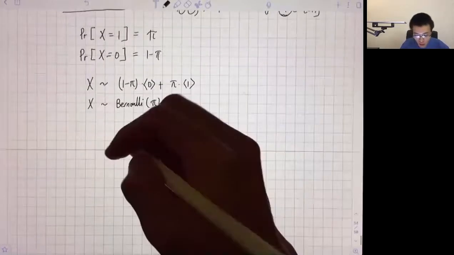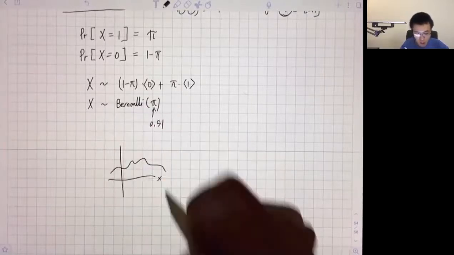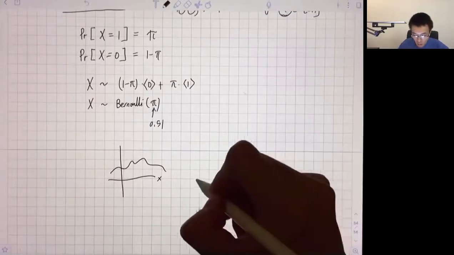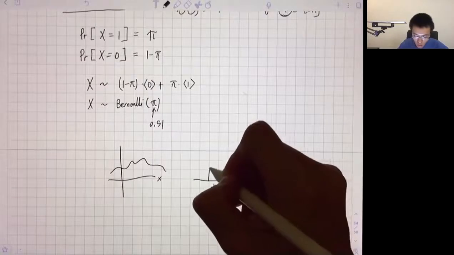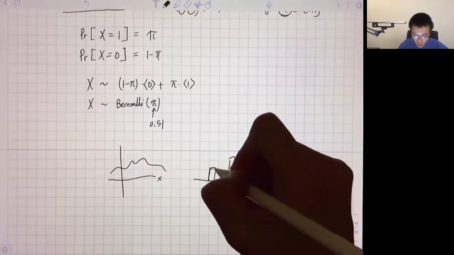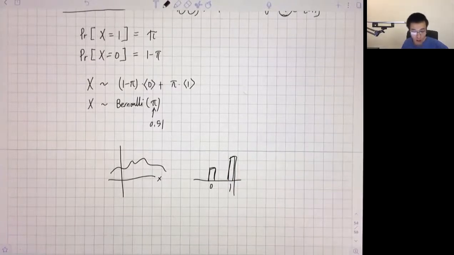For a continuous variable x, the distribution may not be Gaussian, no matter what mu and sigma you have. But for a two-point distribution, 0 and 1, no matter what the probability for 0 or for 1 is, they must sum to 1. It can be modeled by a Bernoulli distribution.